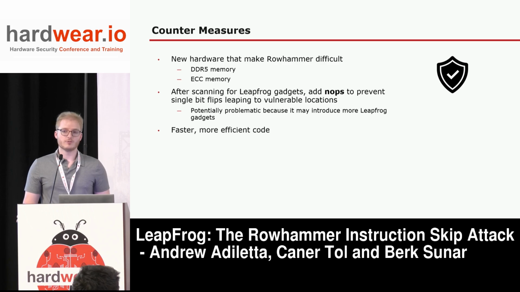The standard DDR refresh rate is 64 milliseconds, but you can increase that to 32 milliseconds or whatever. That does help with the Rowhammer problem, but it's not a solution, because there are big performance hits, it consumes more power, and researchers have also found that even if you increase the refresh rate, you can still induce Rowhammer. So, yeah.